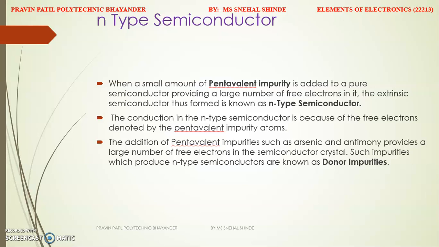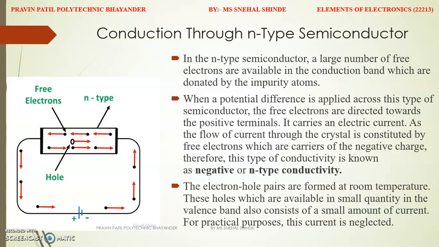The conduction in the n-type semiconductor is because of the free electrons donated by the pentavalent impurity atoms. The addition of pentavalent impurities such as arsenic and antimony provides a large number of free electrons in the semiconductor crystal. Such impurities, which produce n-type semiconductors, are known as donor impurities.